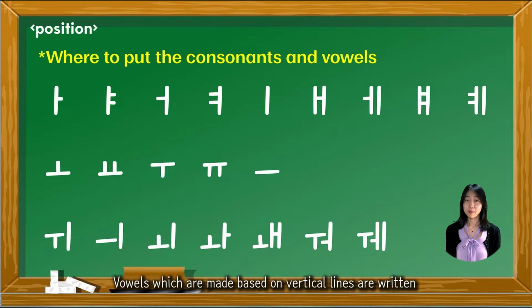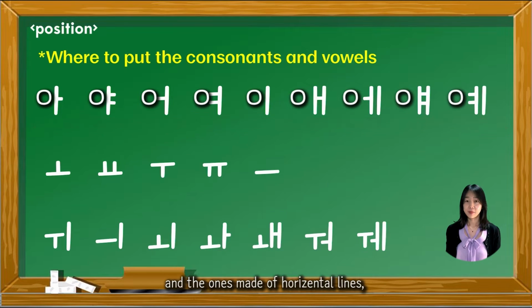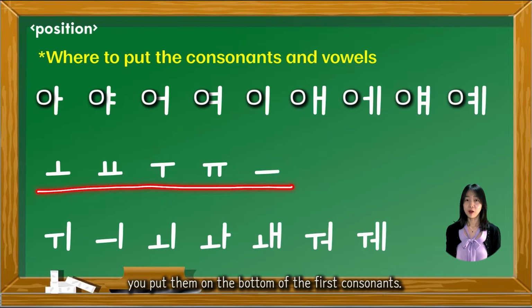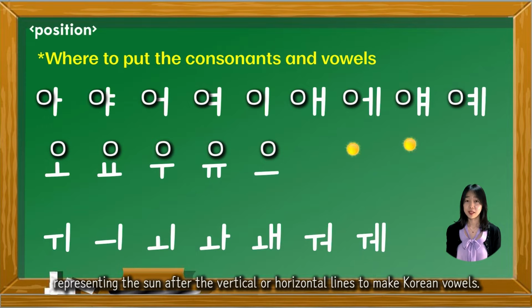Vowels which are made based on vertical lines are written on the right side of the first consonants, and the ones made of horizontal lines you put on the bottom of the first consonants. Actually, this is the same as the principle of where you put the dots representing the sun after the vertical or horizontal lines to make Korean vowels.